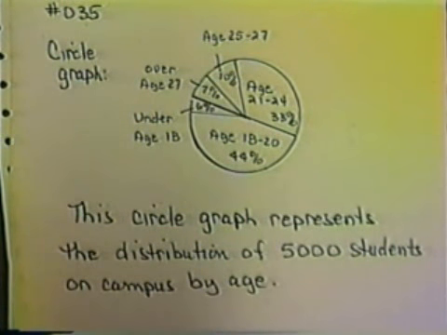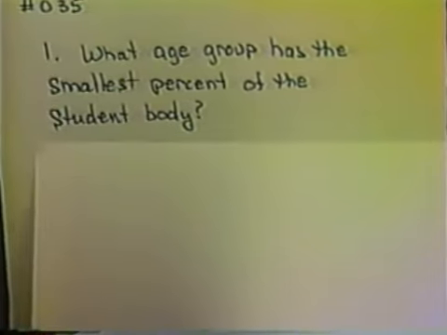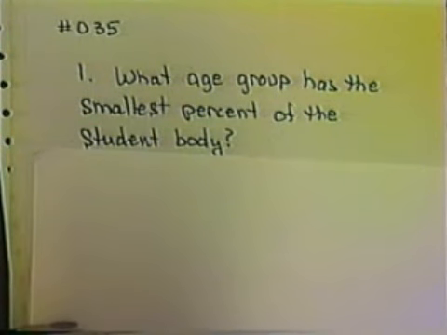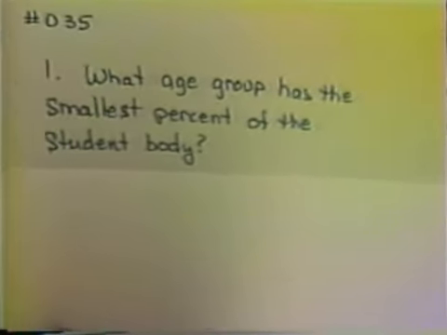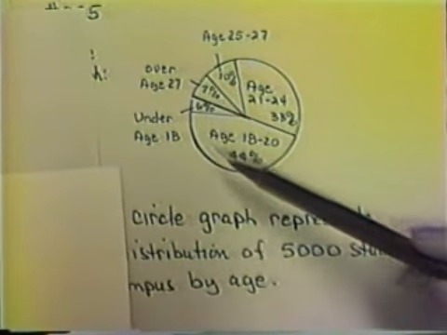The first question I want to ask is, what age group has the smallest percent of the student body? So I need to go to my circle graph and look for the smallest percentage.